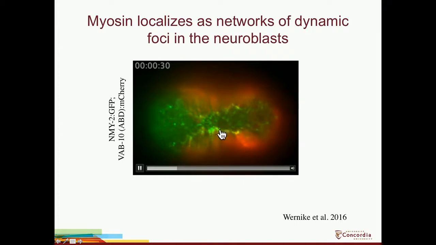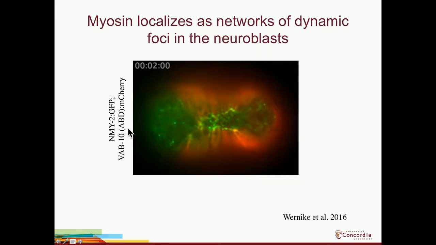We see these foci that seem to flow toward the ventral midline, whereas foci in the head seem to remain a little more static at this time. And I'd like to point out that this myosin probe that we're using is from the Goldstein lab. This is a CRISPR-generated NMY-2.